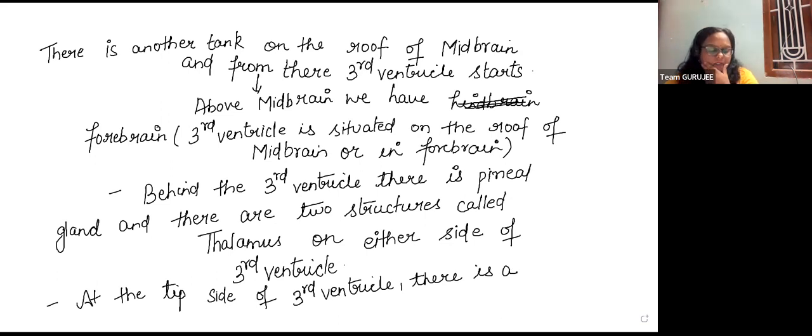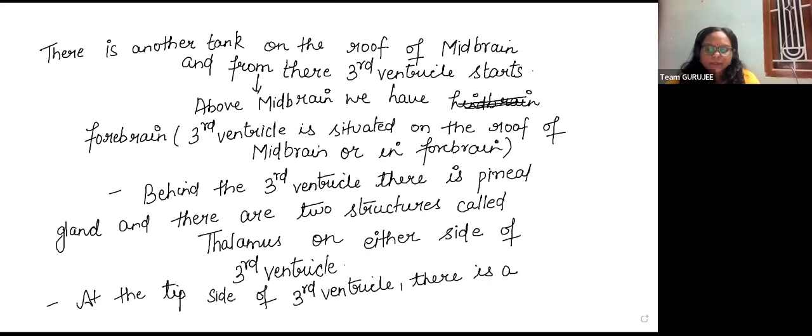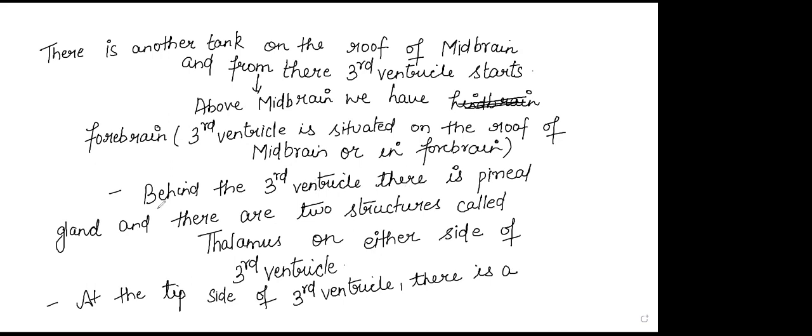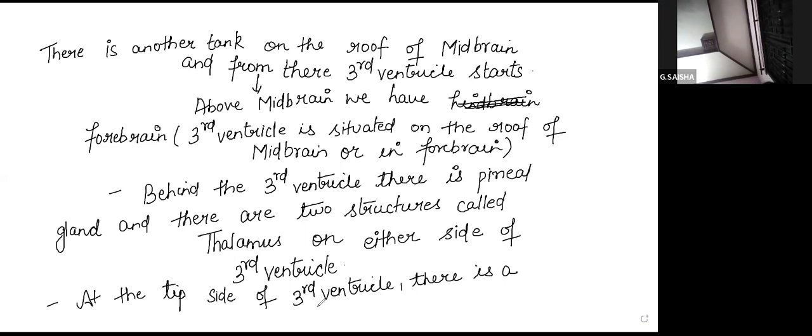Have you completed this? Yes, ma'am. Ma'am, can you explain this point? This point only I have explained just before. I told you, in the third ventricle, at the back side, there is a gland called the pineal gland. On both sides, there are structures called thalamus. And in the front, at the tip of the third ventricle, there is a structure called the hypothalamus. Yes, ma'am. Okay.